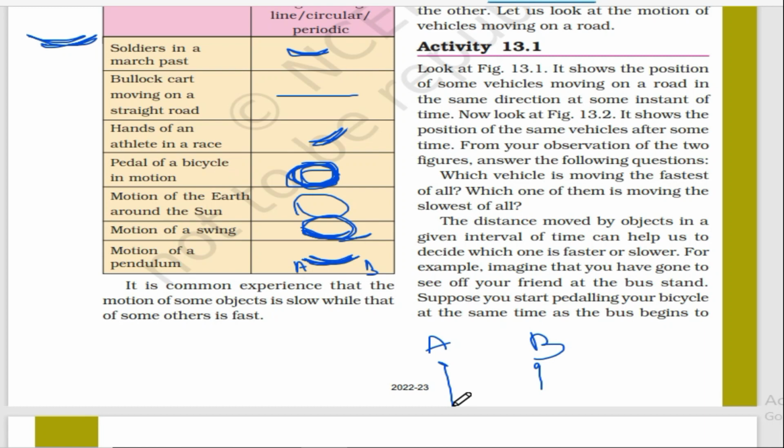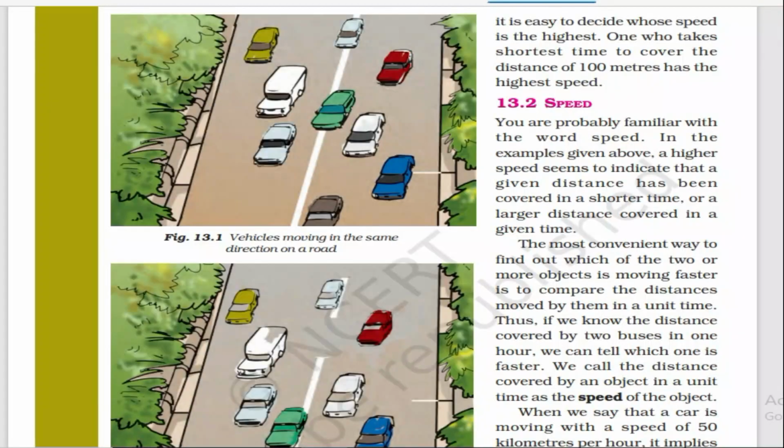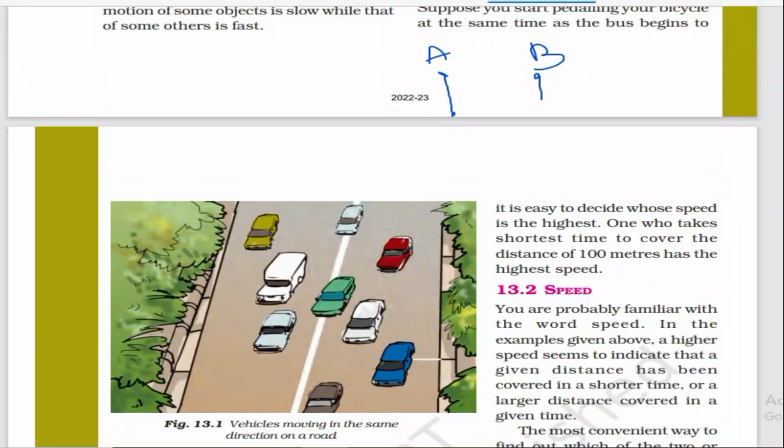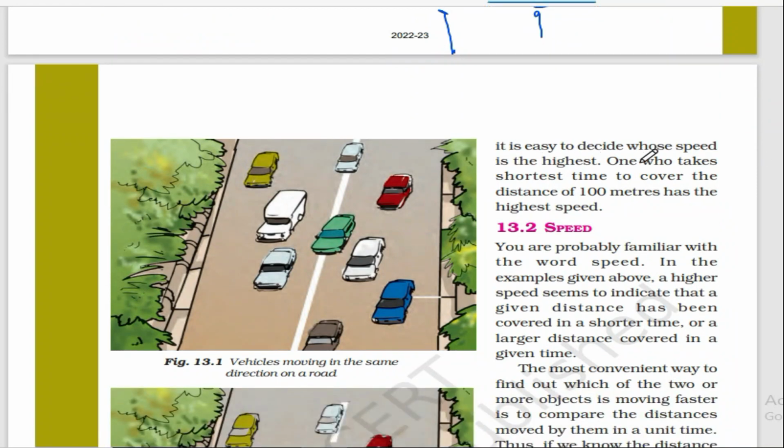That is the way by which we can find out which one is faster. Now this is the example, and look, this is the blue car. Here it is easy to decide whose speed is highest. The one who takes the shortest time to cover the distance of 100 meters has the highest speed.